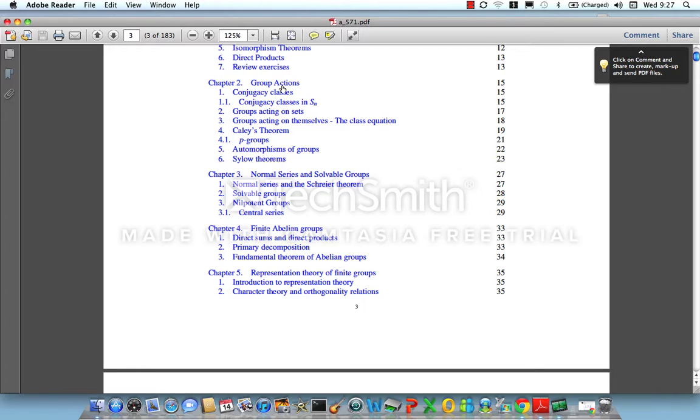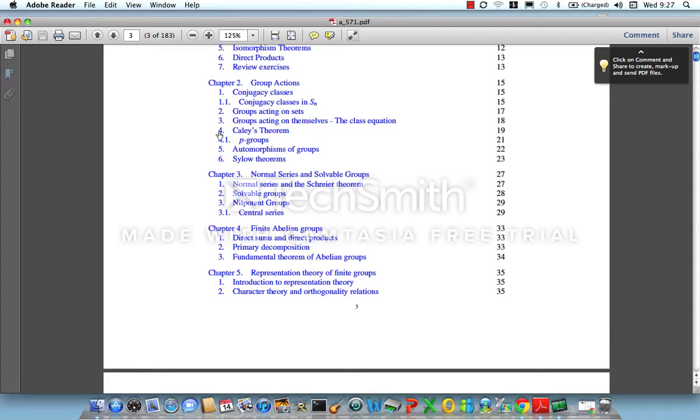So group actions: conjugacy classes, conjugacy in S_n, which is quite important, group actions on sets, the class equation, Cayley's theorem, some information about p-groups, automorphism groups, and then finally the Sylow theorems.